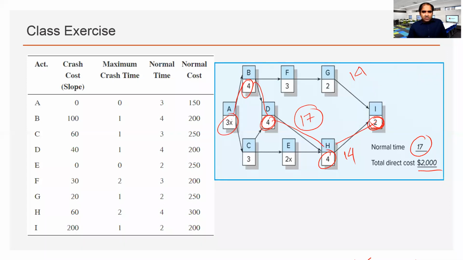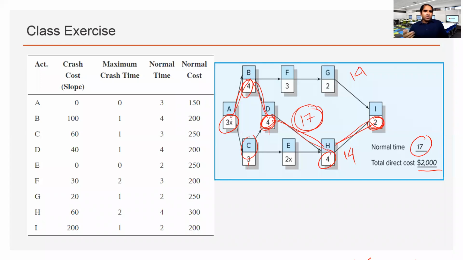A, C, D, H, I: 3, 6, 10, 14, 16. So A, C, D, H, I, that's 16. So the critical one is A, B, D, H, I, 17. Yes, that's right. So we can focus on A, B, D, H, I to reduce the total project duration.